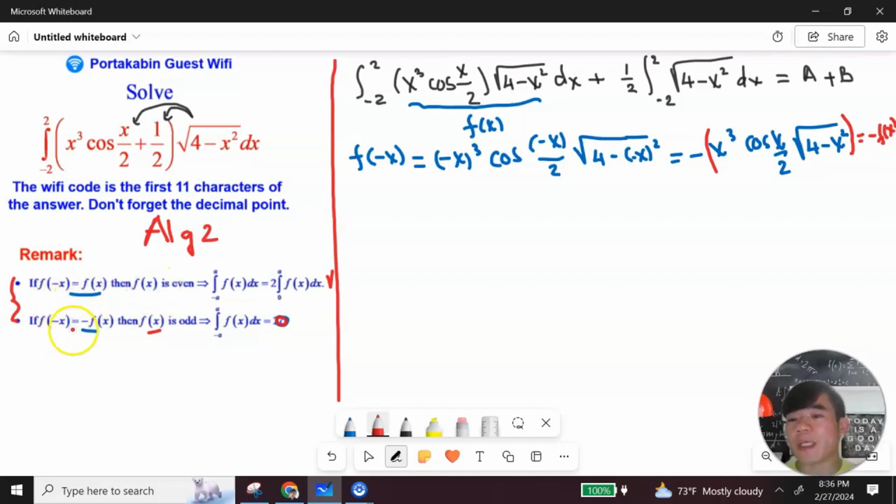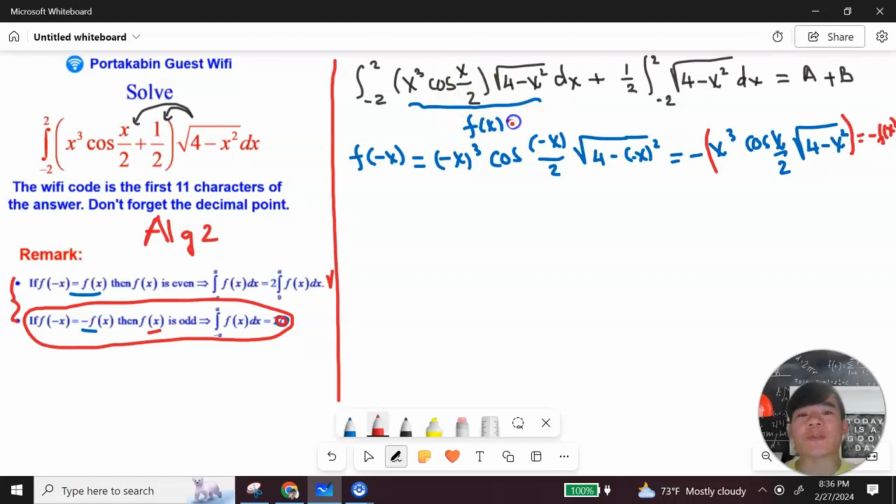Because this is an odd function, the integral from negative 2 to 2 of f of s ds should be equal to 0. So this whole thing right here equals 0, and I don't have to worry about this guy anymore.